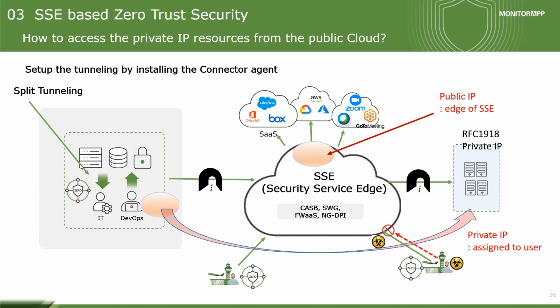So in this case, we provide a useful function named split tunneling. If you apply split tunneling for some specific IP addresses, then the traffic will not go through the SSE platform. In this case, the traffic will go to your private resource directly.